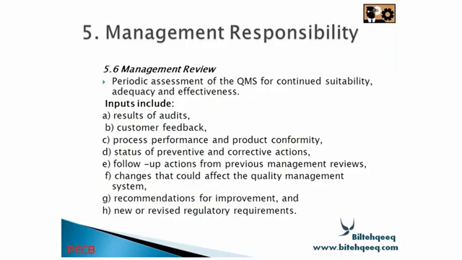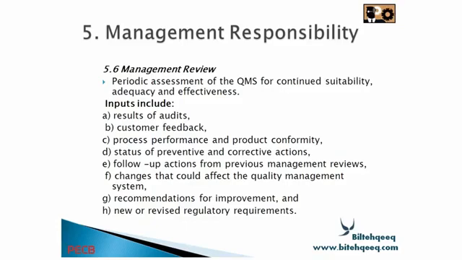5.6 is related to the management review: periodic assessment of the performance of the system for continued suitability, adequacy and effectiveness. The inputs for the management review include results of audits, customer feedback, process performance and product conformity, status of preventive and corrective action, follow-up action from previous management reviews, changes that could affect the quality management system, recommendations for improvement, and new or revised regulatory requirements.